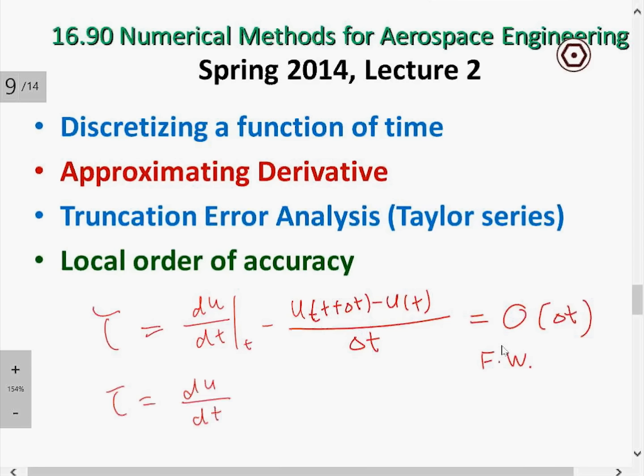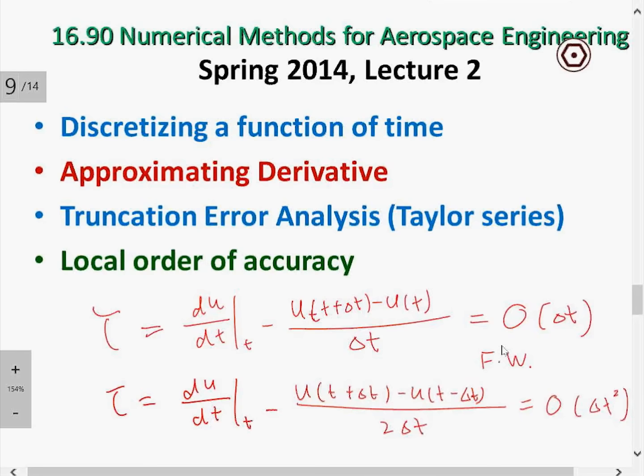And the tau for the midpoint is the same derivative minus a different approximation for the derivative, u at t plus delta t minus u at t minus delta t, divided by 2 delta t. This is actually O of delta t squared for the midpoint, through Taylor series analysis.